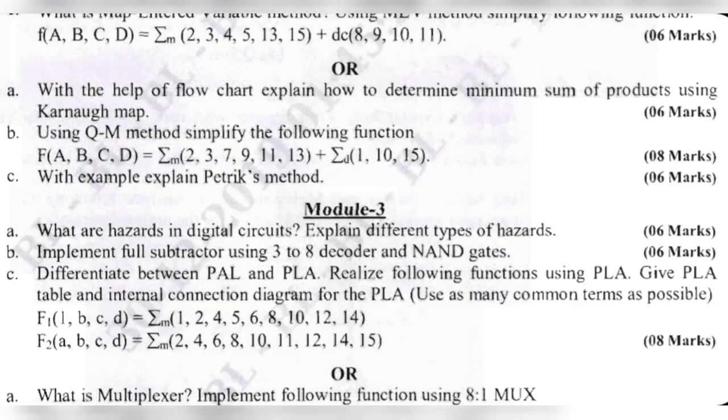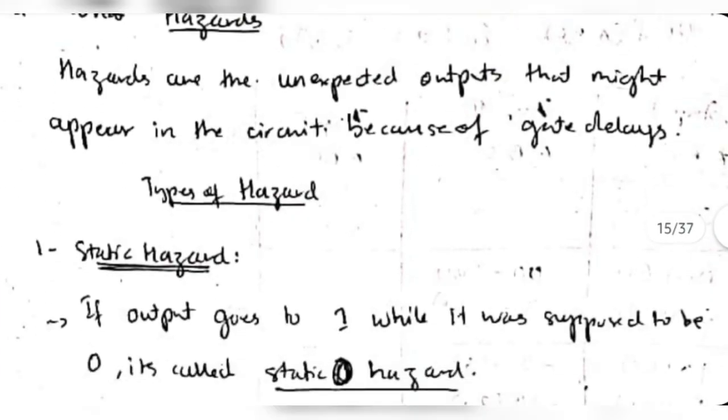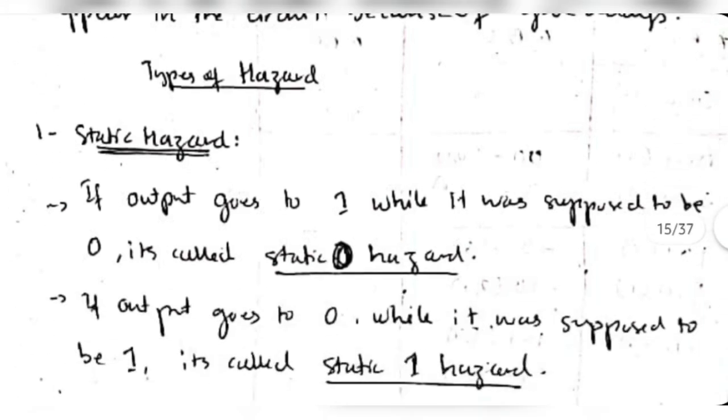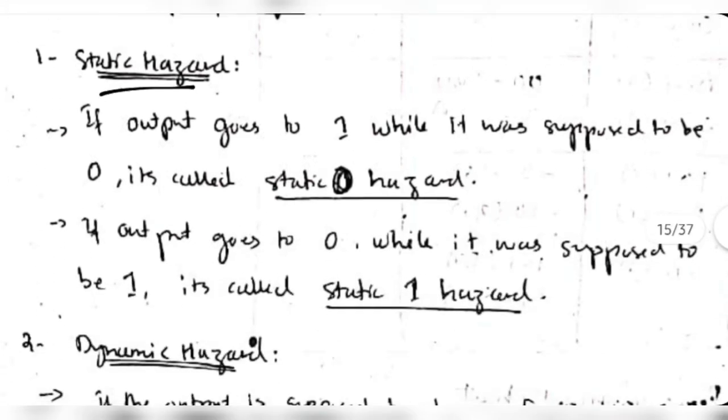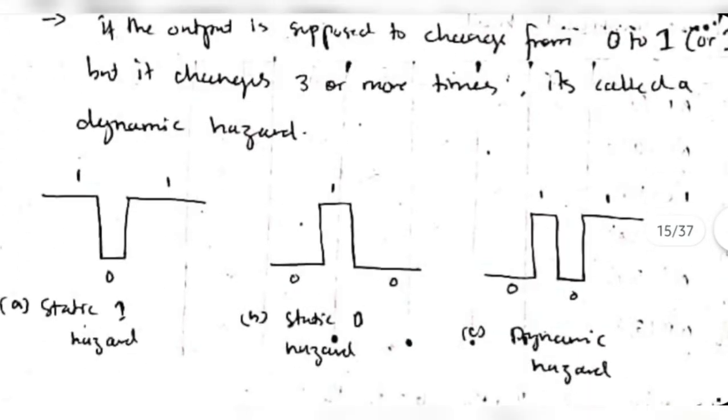In the next question we have been asked to write what hazards in digital circuits are and explain the different types of hazards. Hazards are nothing but the unexpected outputs which we get because of gate delays or some faults in the circuit. There are two main types, static and dynamic hazard. Suppose the output was supposed to be 0, but it went to 1 and again came back to 0; it fluctuated.